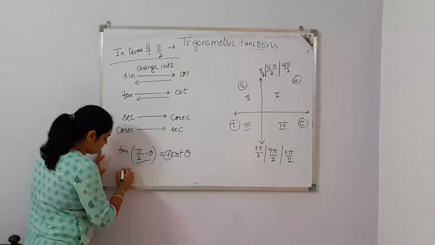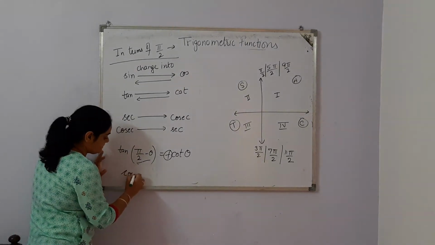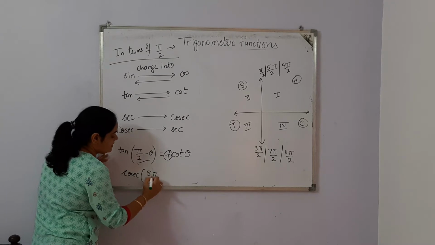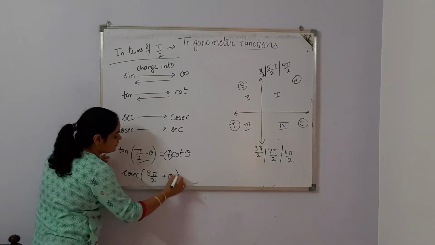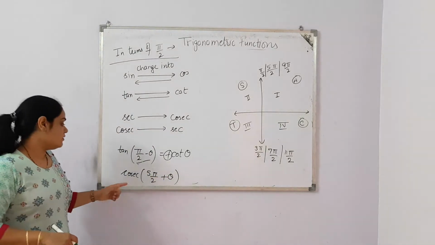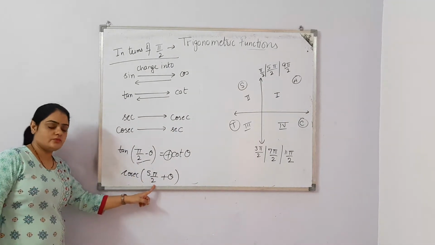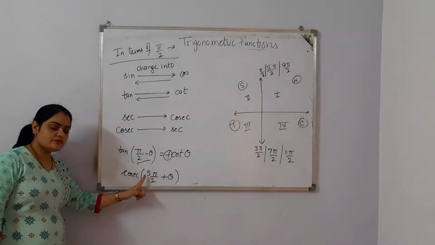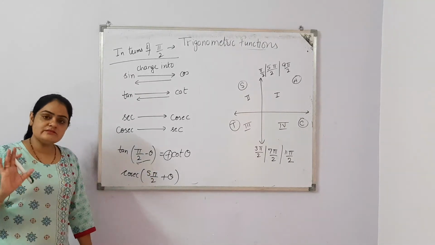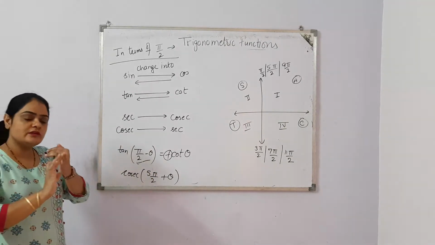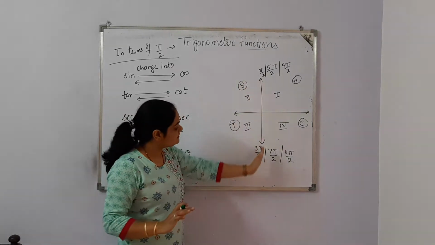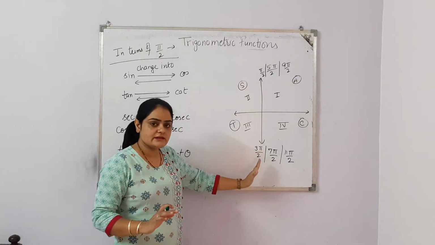Let's do, if you are having cosecant of 5 pi by 2 plus theta. Of course the angle is in terms of pi by 2. Whether it comes along with 5 multiplied by pi by 2, at least pi by 2 is coming. Pi by 2, 3 pi by 2, all are angles coming along with 90, that means pi by 2.